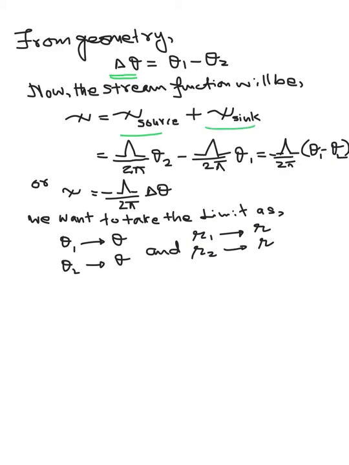Subsequently, I have substituted the values of stream function for source and sink. Make sure source is at angle theta 2 from the point P and sink is at angle theta 1 from the point P. So after the simplification, I have obtained this relation for my doublet.